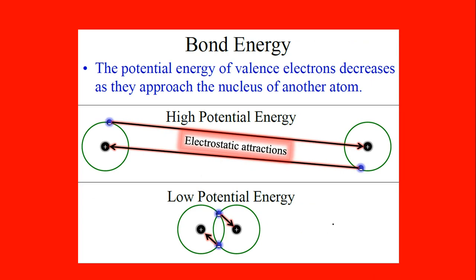So there's something called bond energy that we're going to look at and use through what we call potential energy diagrams. And this is what I like to think about. If there's an attraction from a greater distance, there's more space to get in trouble. So think of it this way. Say you've got a little kid that you're babysitting, and the little kid is in the next room while you're fixing supper or something like that.